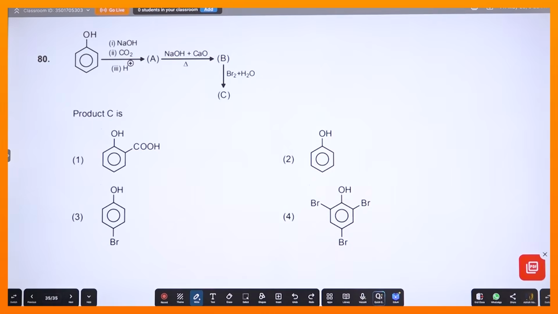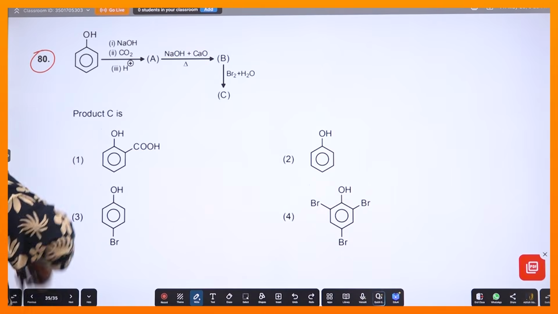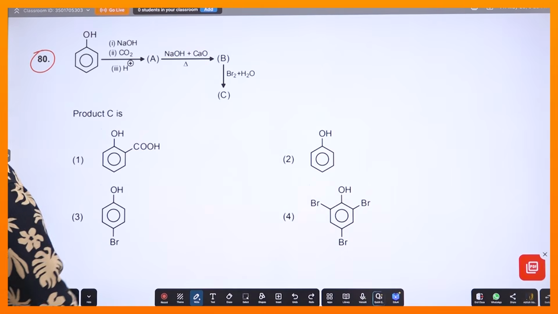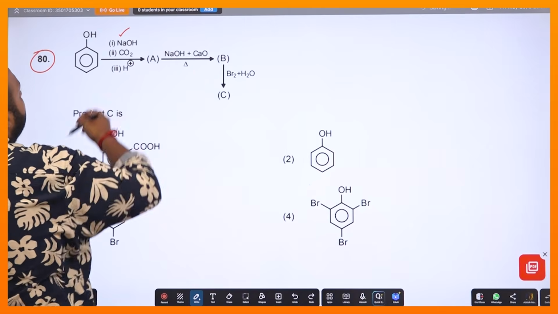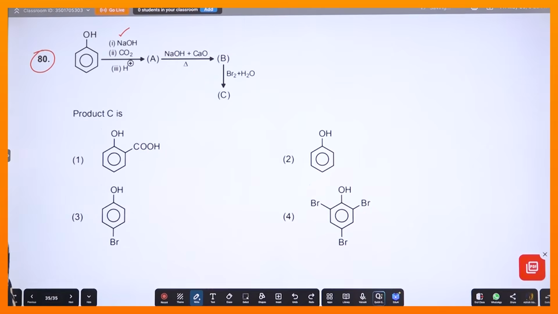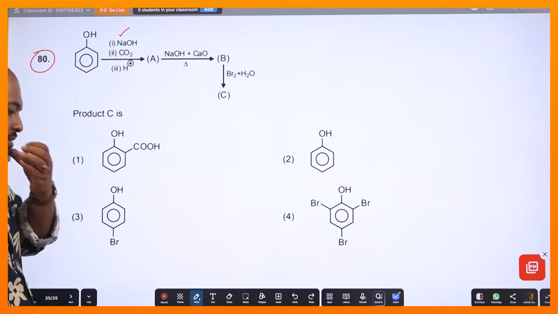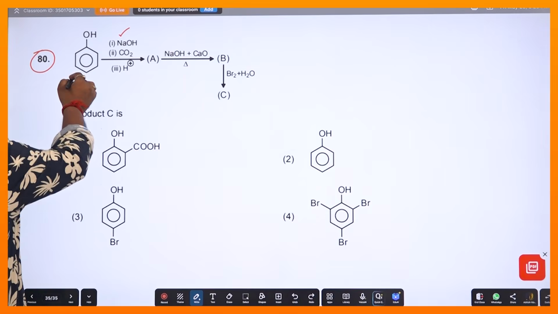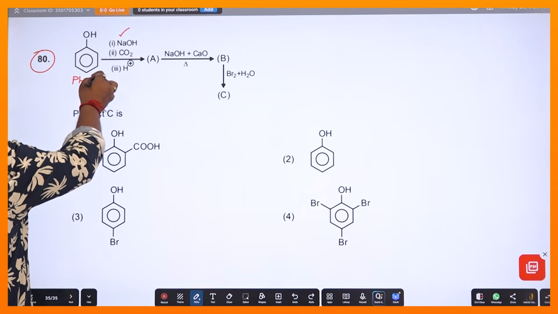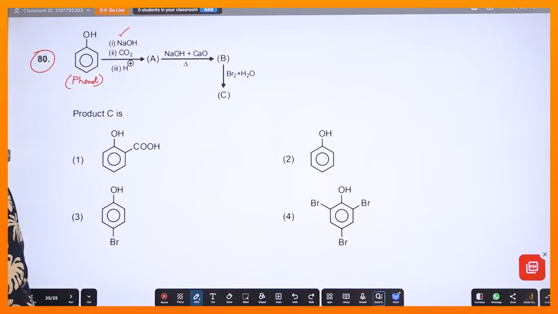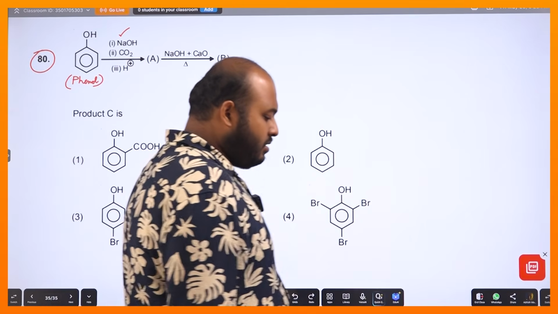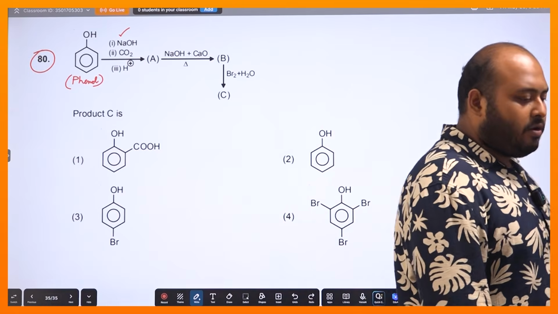So again an organic question, number 80. You can see that it is a reaction on phenol.